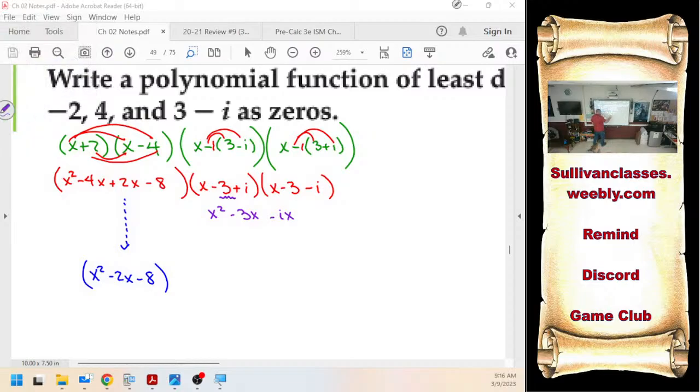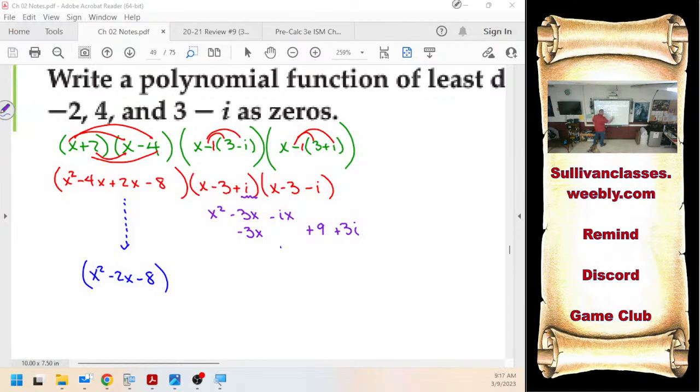Negative 3 times x is negative 3x, so I'll write it here because they're like terms. Negative 3 times negative 3 is 9. That is not a like term with any of these. I'll write it over here. Negative 3 with negative i is plus 3i. I'll write it out here because it's not a like term with any of them.